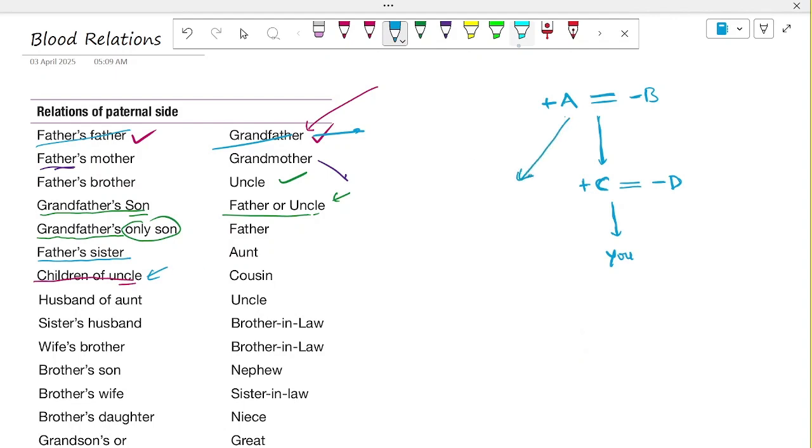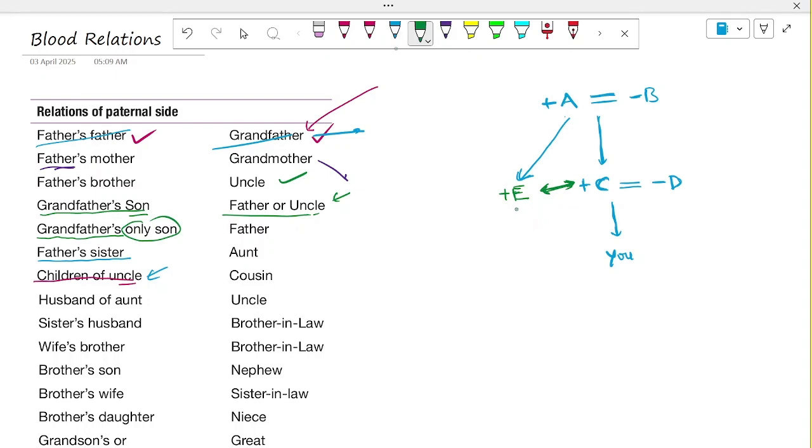Just draw an arrow mark, and you are going to have plus E, means he is your uncle now. And how is the relationship between your father and your uncle? They both are siblings. Your uncle and your father both are siblings.